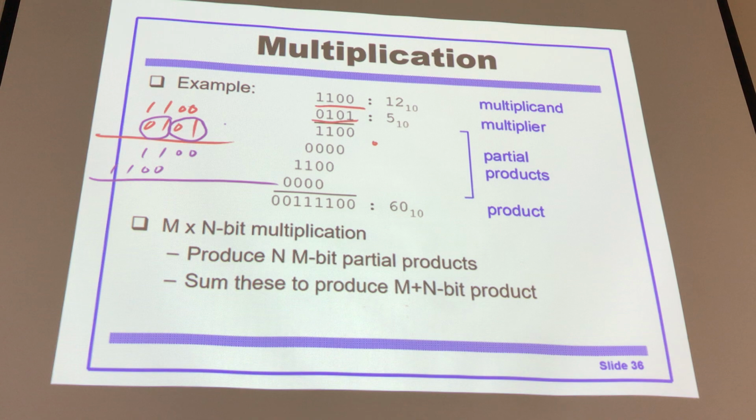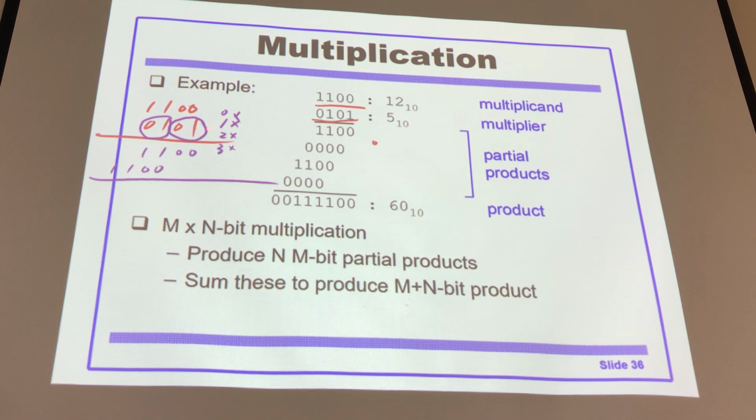So there could be 4 possible partial products: 0, 1, 2, 3 times the multiplicand. And we can look at each partial product.